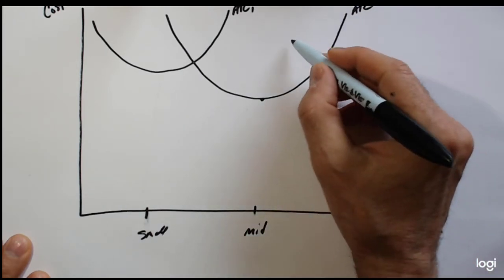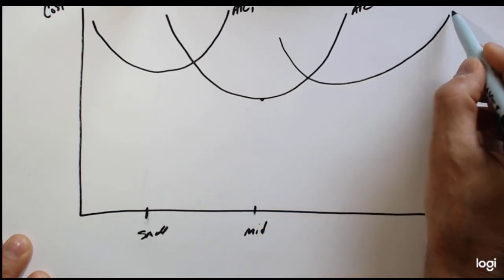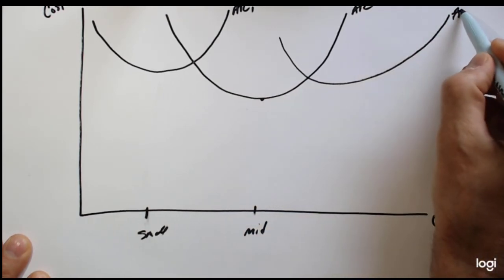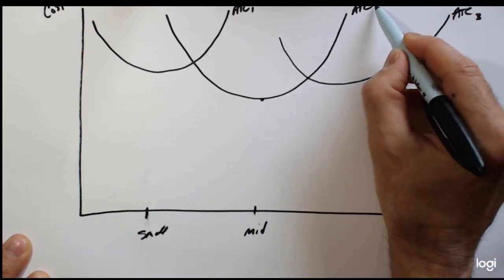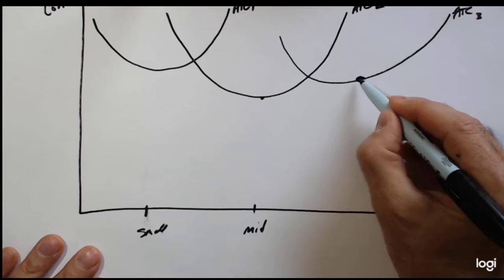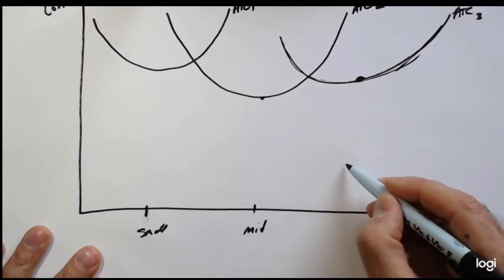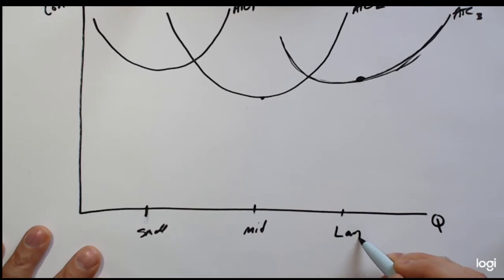And then let's say we could have a bigger plant, and so this is the average total cost curve for 3. We'll call this 2. And so we have a minimum average total cost up here somewhere. Assume that's the minimum of this curve, not drawn too well. But okay, so this is a large plant.